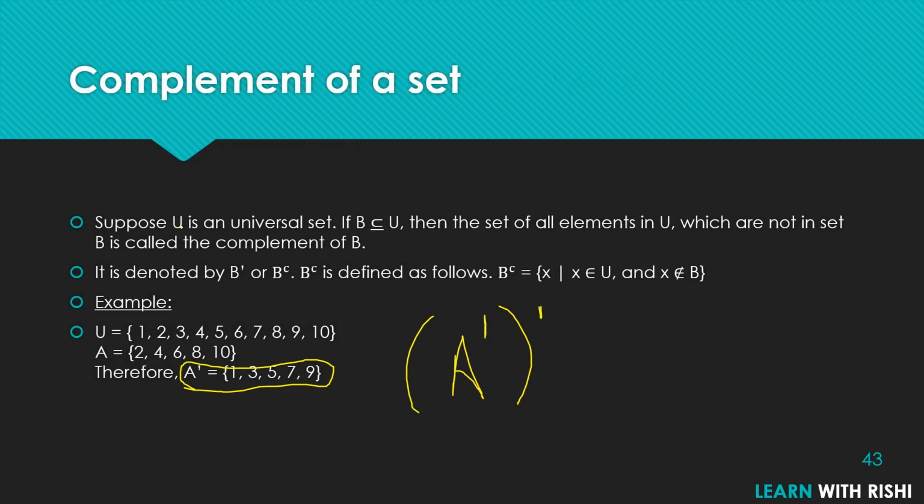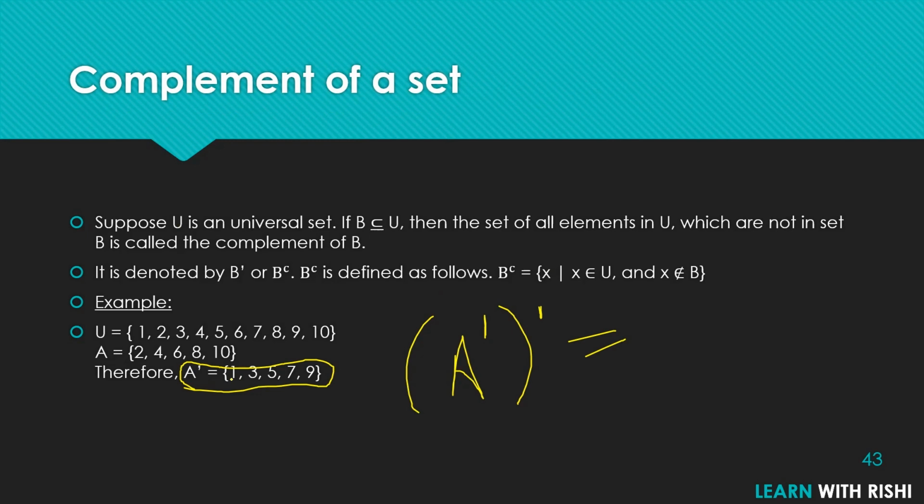Now when we take the complement of a set, what is our definition? The elements which are not included in set A are the complement of set A. Now we'll write the elements which are not in the complement of set A. Means now in this set we will include those elements which are not in A complement.